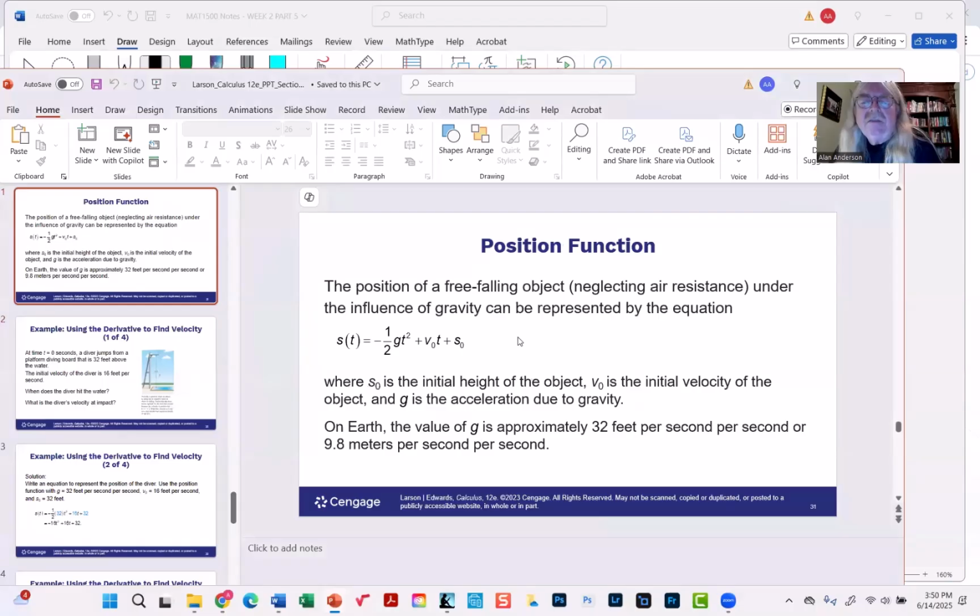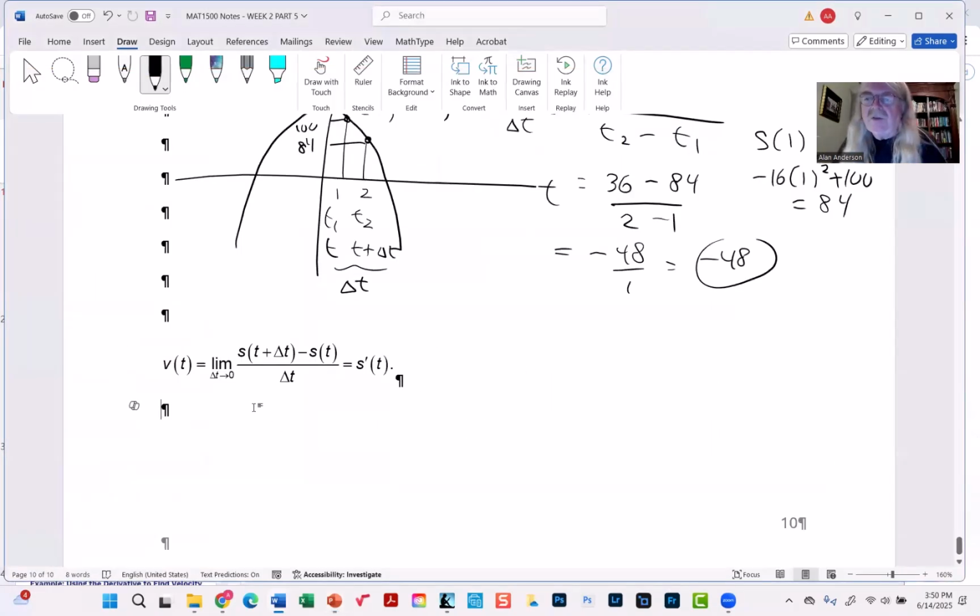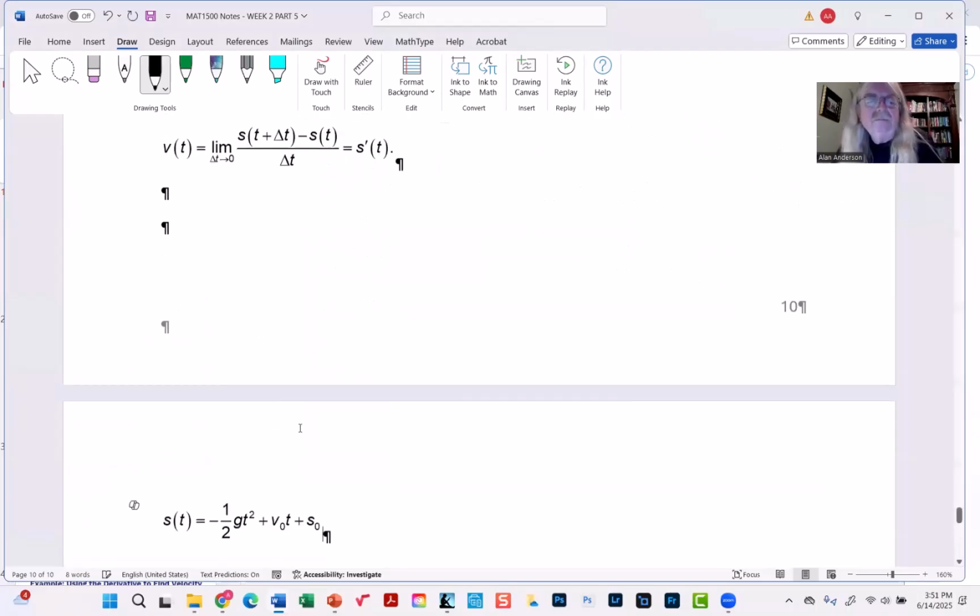So they're giving us this example. Here's a free-falling object under the influence of gravity, where g is a constant, which is approximately 32 feet per second. Yeah, I'm sure you did all this in high school physics.